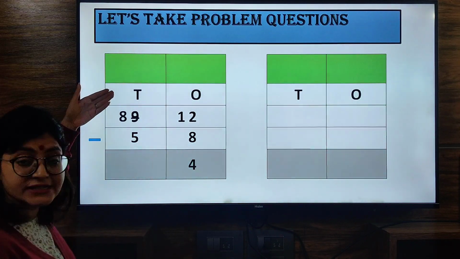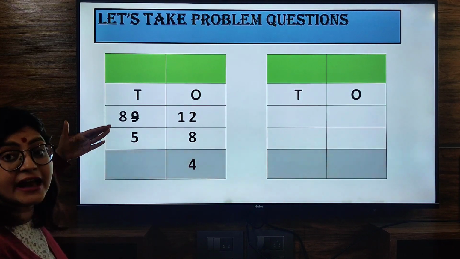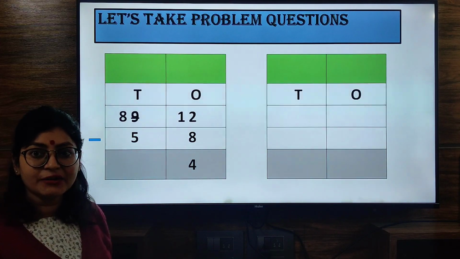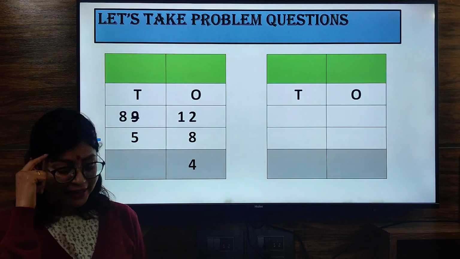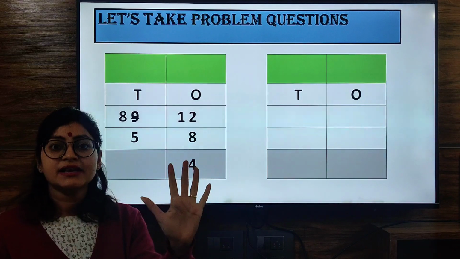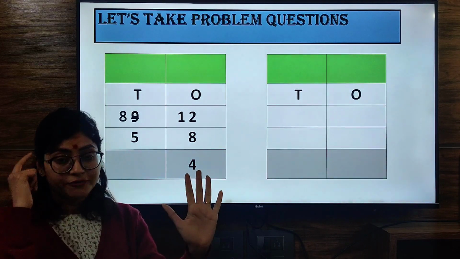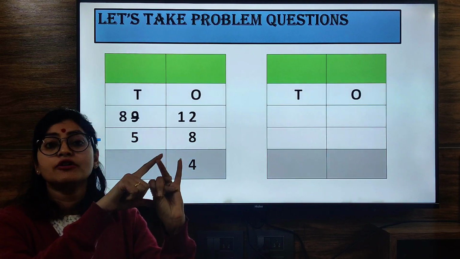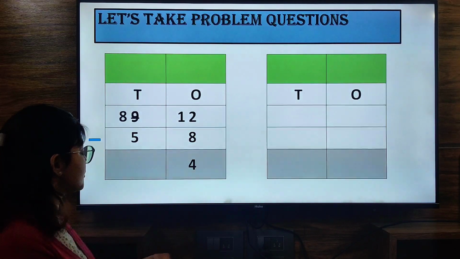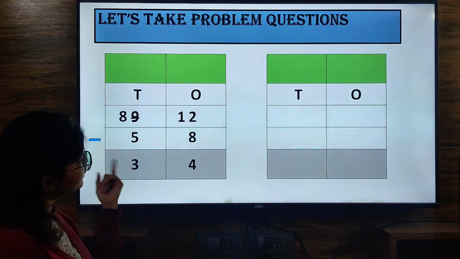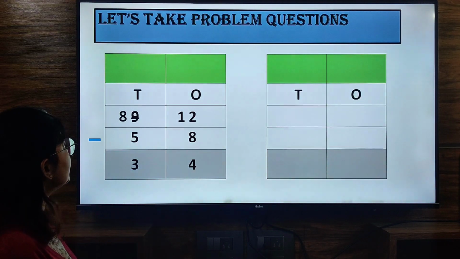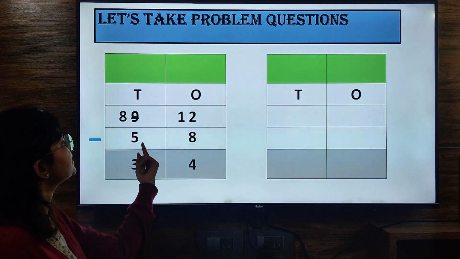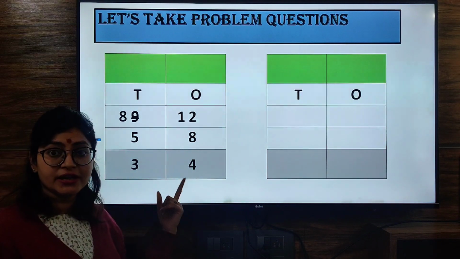Now in the tens column we have 8 and 5. 8 is a bigger number than 5, so I have 8 in my mind and 5 on the fingers. I will start counting backward from 8: 7, 6, 5, 4, 3. So 8 minus 5 is 3. So our answer of 92 minus 58 is 34.